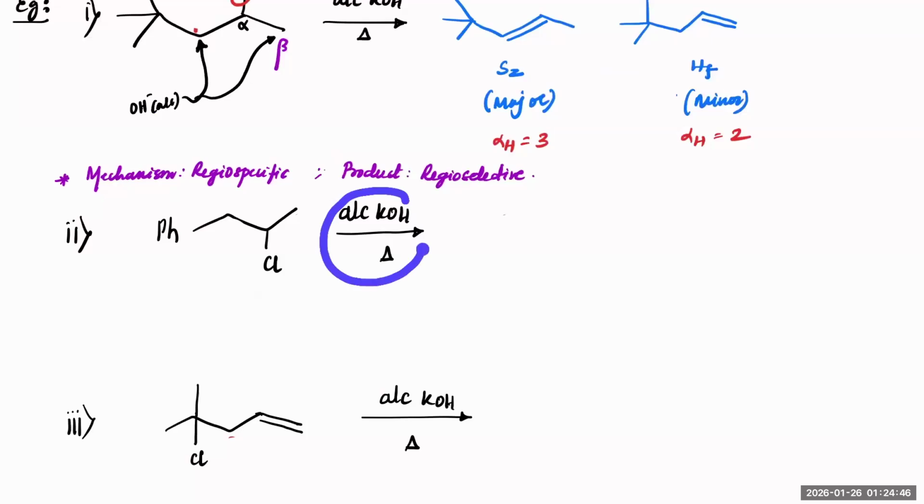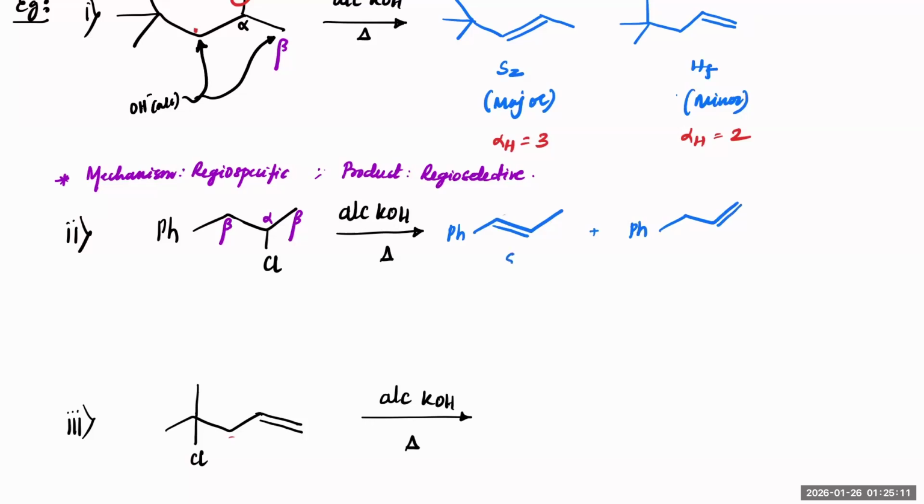When you treat with alcoholic KOH, again there are two products possible here. This is alpha, these two are beta positions. So elimination could occur on these two positions. So you will get a double bond here and a double bond here.